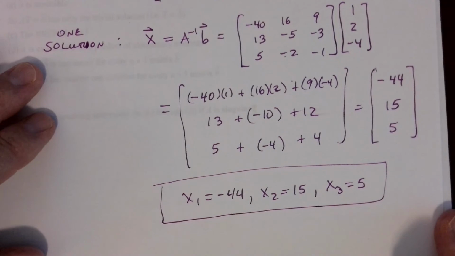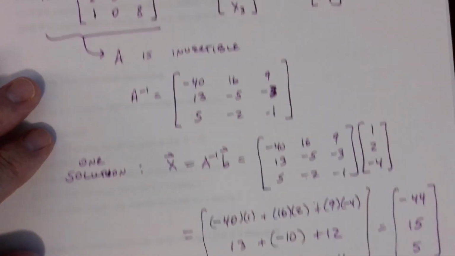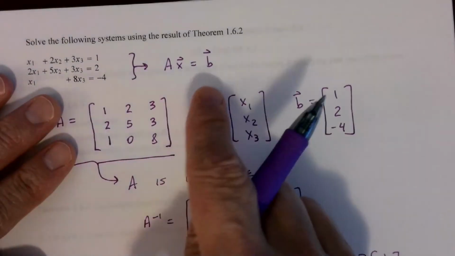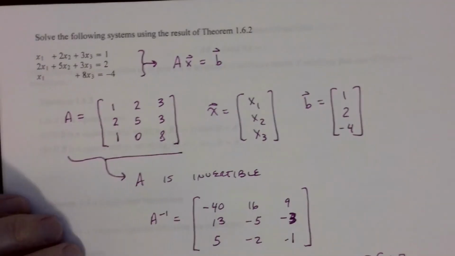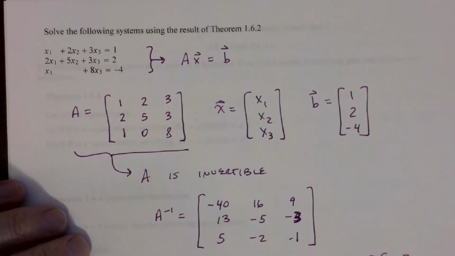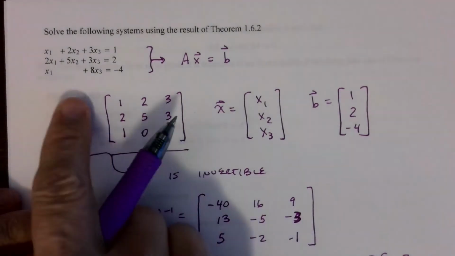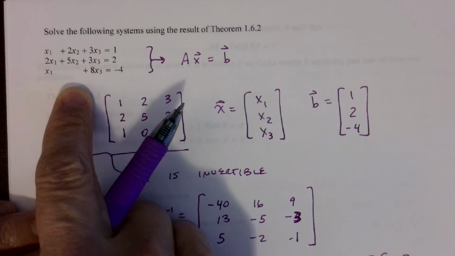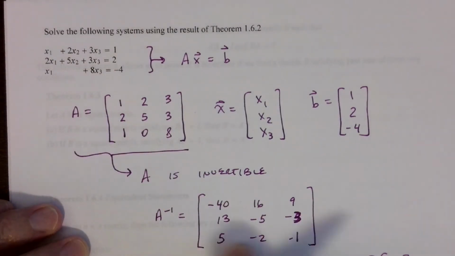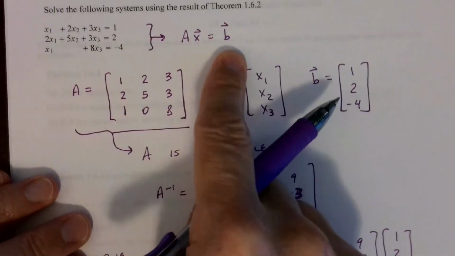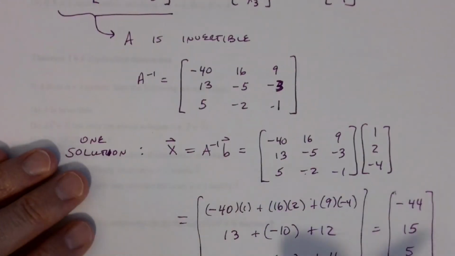But if you have a system like this where the constants change, which is a very common situation in applications, then this method is more helpful because the A is the same for all your systems. You have a one-time computational cost to get the inverse, and then you just multiply by B for each system to get the solution.